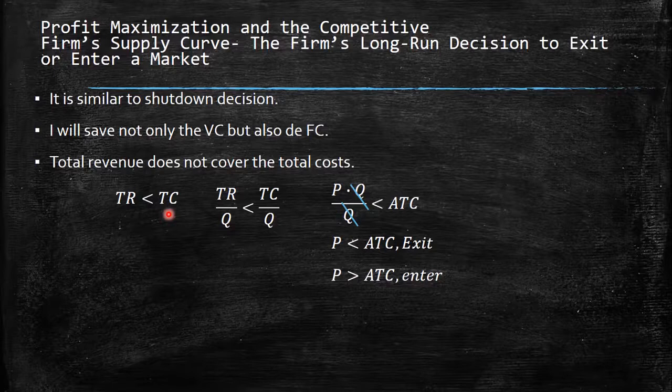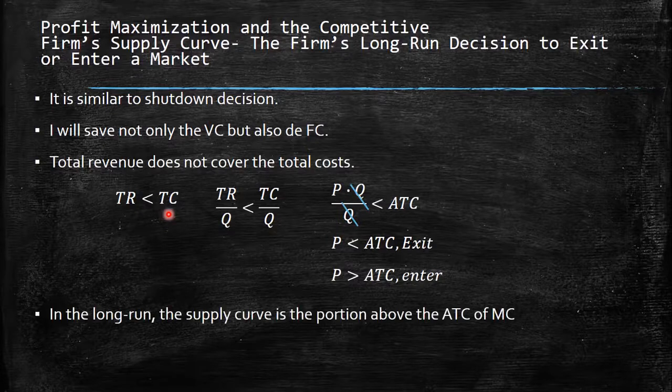Remember this is another fact. In the short run, the firms remain the same, but in the long run, the firms start to enter and to go out. Then in the long run, the supply curve is the portion of marginal cost above the ATC, the average total cost.